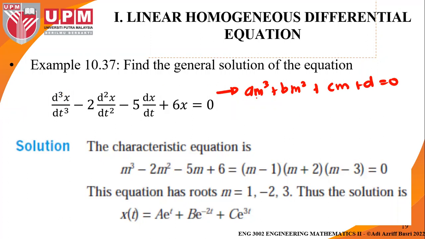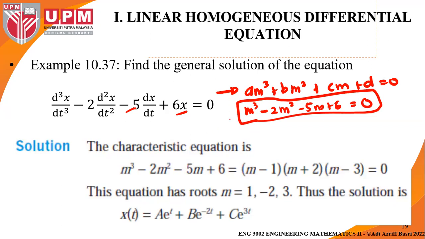So you change this into the characteristic equation. What is a? A is equal to 1, so you have m^3. What is b? B equal to negative 2, m^2. What is c? C is negative 5, m. And what is d? It is 6, so plus 6 equal to 0. So this is your characteristic equation.